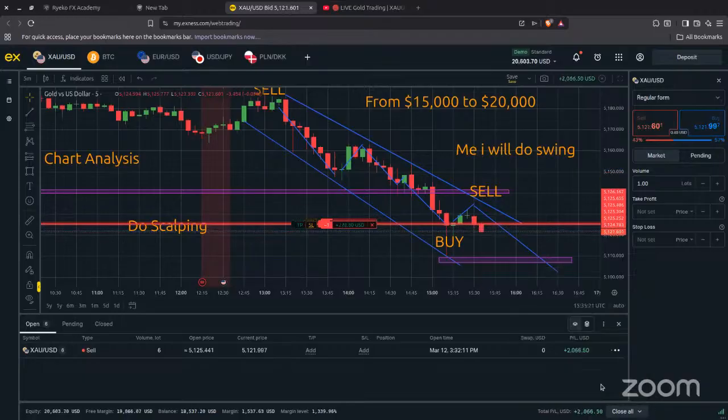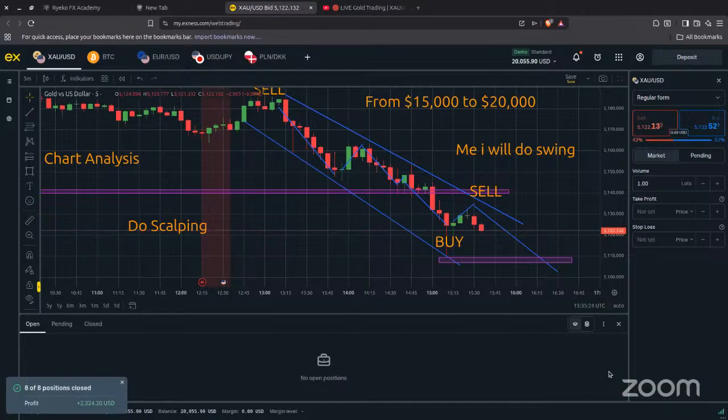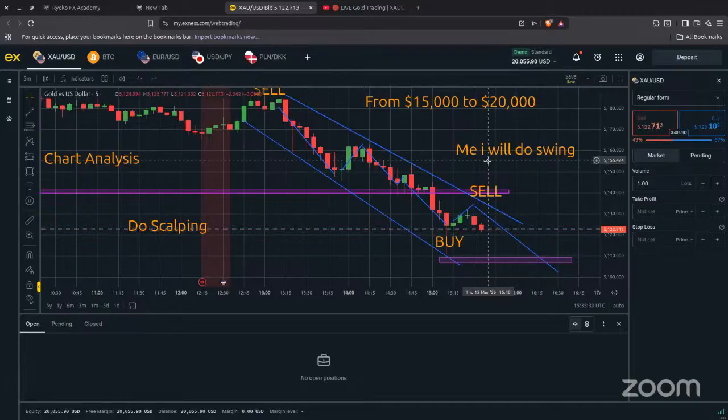So that's 2,000 plus, and we're already in 20K. Just like that, just that simple magic takes us to 20K. So it's a very nice strategy that I use for most of the trading that I've been taking.